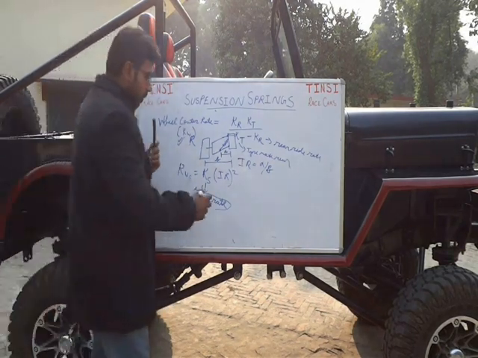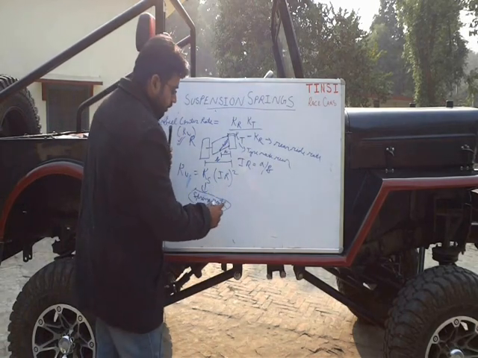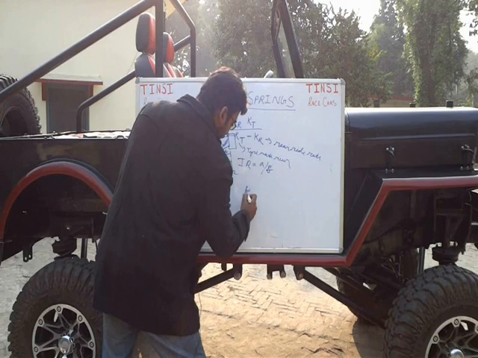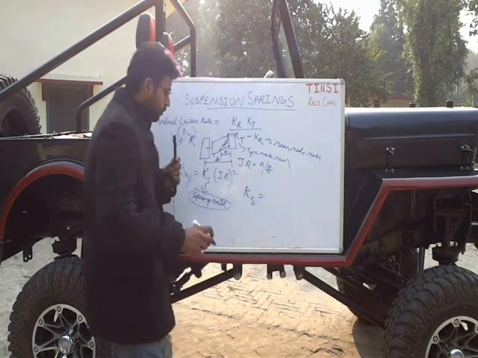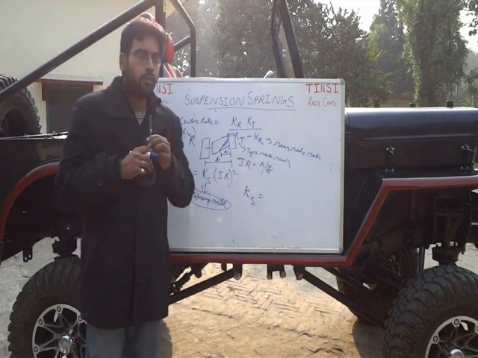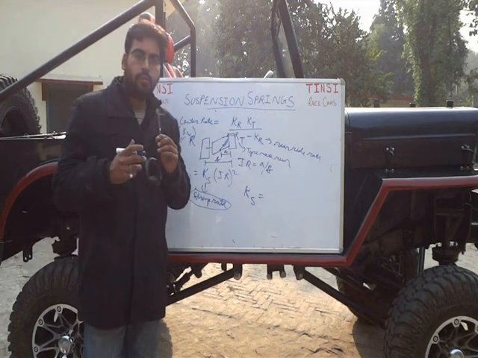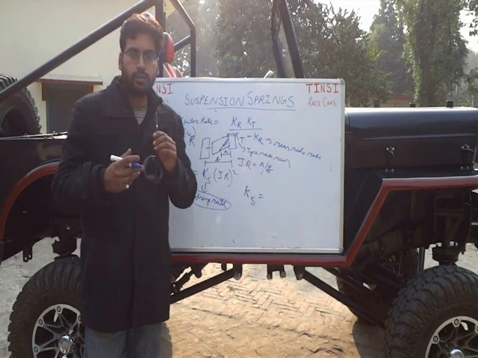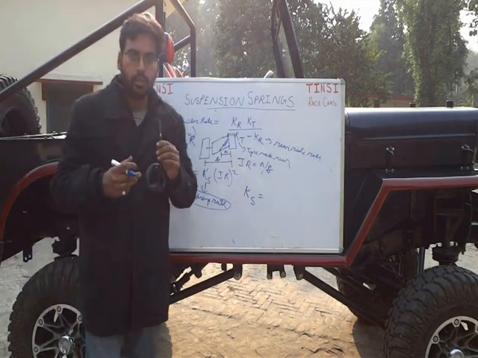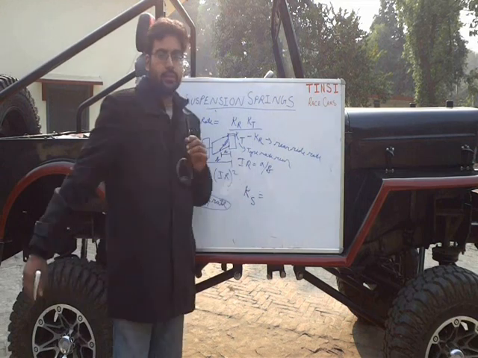Okay, so now this spring rate KS, we have taken out the magnitude. Now what we want is to find out the number of coils, the coil diameter, and wire diameter of the spring to attain this KS.